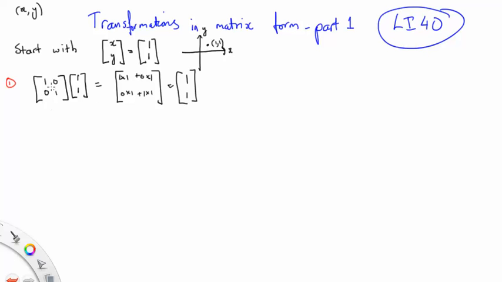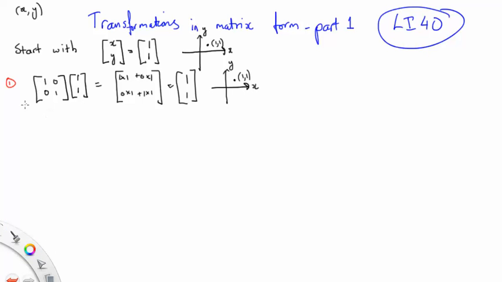So multiplying by the identity matrix, the point ends up in exactly the same place, as you would expect. It's the multiplicative identity. 7 times 1 is 7, so it doesn't change anything, just like the identity matrix doesn't change anything here.